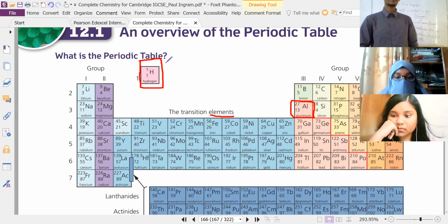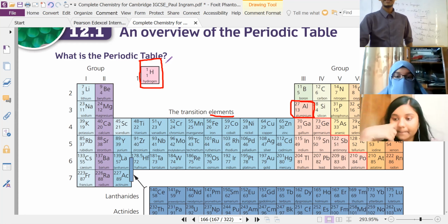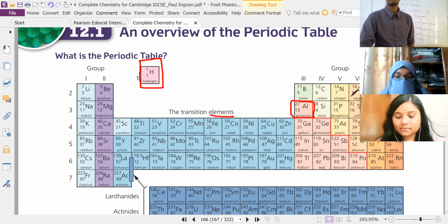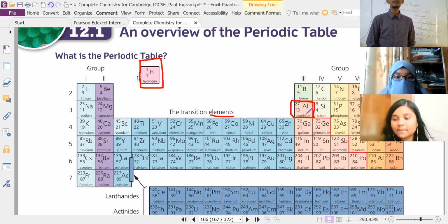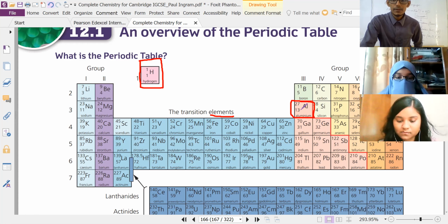It's at the front desk, and hydrogen is separate. So roll number 1, and then 2, 3, 4, 5, 6. That is how it goes. So for aluminium, the roll number, or in our term the atomic number, is 13. And always you have 2 numbers in a box.